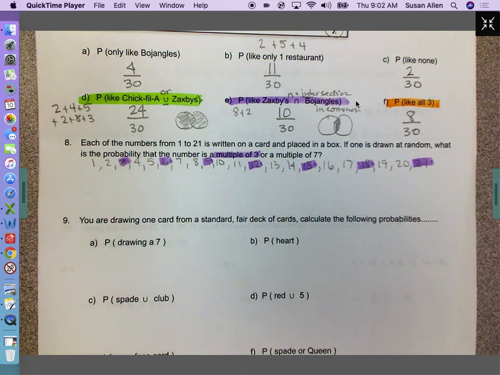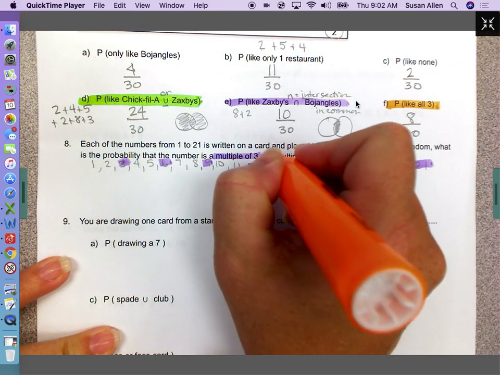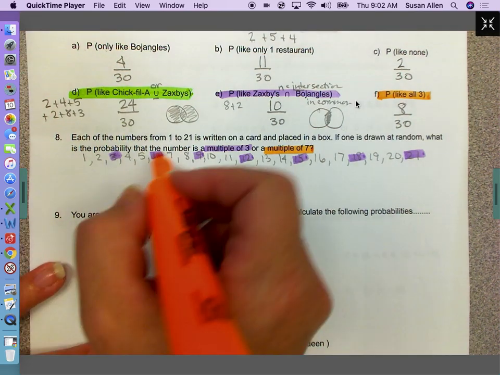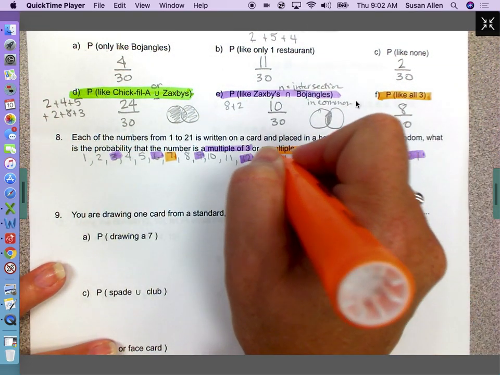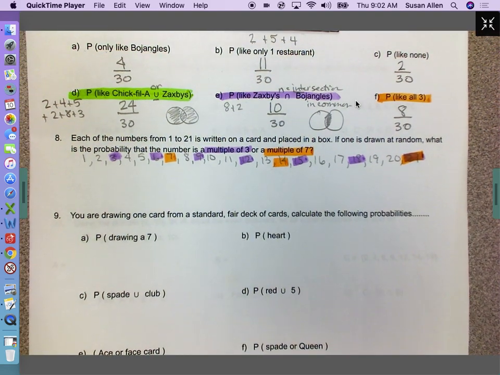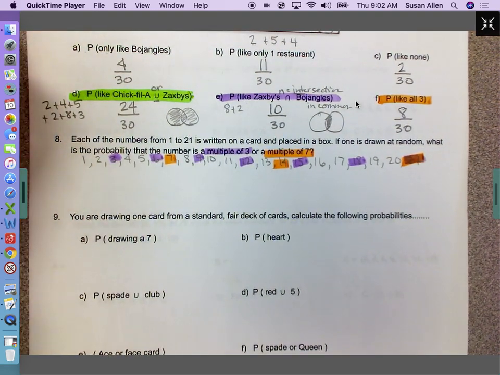They're all multiples of 3. Then I'm going to take my multiples of 7 and highlight them in a different color, in orange. So those are 7, 14, and 21. So that got double highlighted, didn't it?